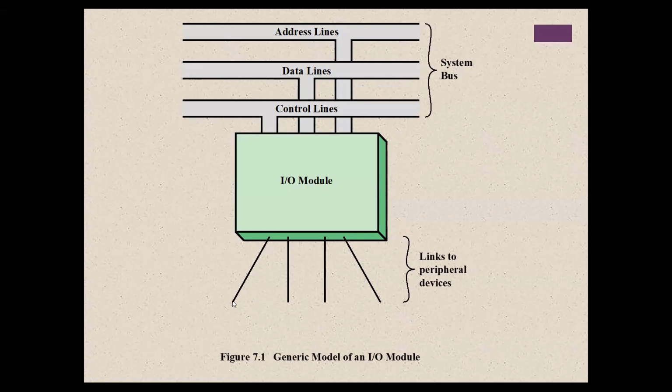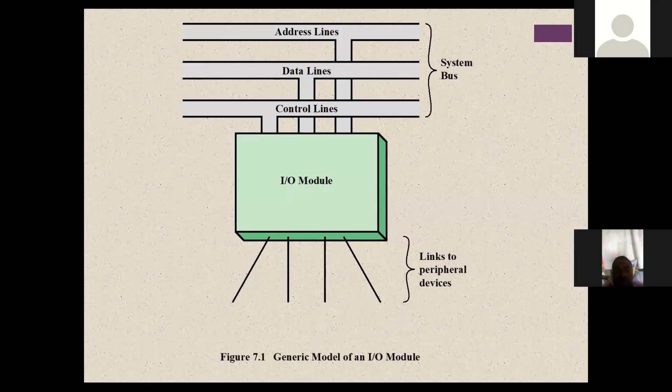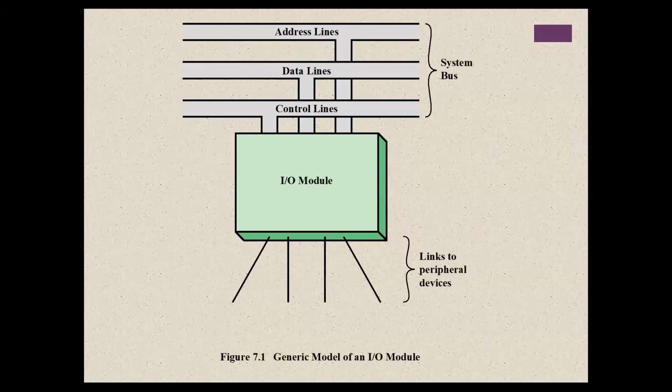So we begin this session with a brief discussion of external devices, followed by an overview of the structure and function of the I/O module. And then we will look at the various ways in which the I/O function can be performed in cooperation with the processor and the main memory, which we call the internal I/O interface.